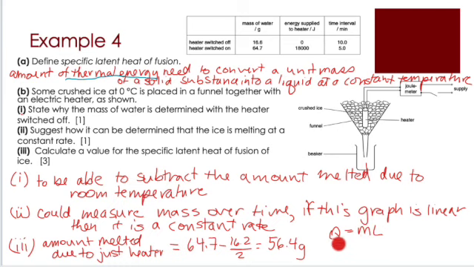If I move that around, my latent heat is going to be the 18,000. Remember, that's the amount was for our 5 minutes. And our value here of 56.4. And this is going to give me 319, and that will be joules per gram.